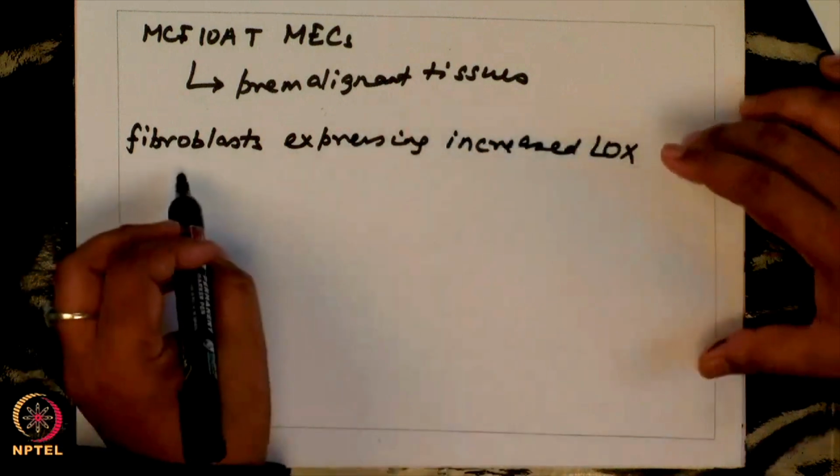The idea was that the fibroblast in the stroma would secrete LOX, which will cross-link the collagen and make it stiffer.